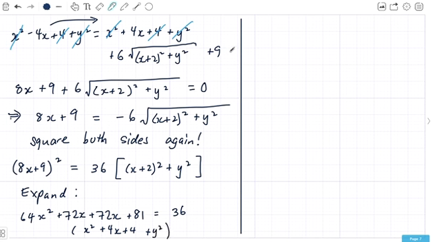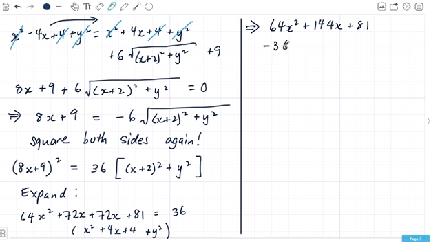So I'm going to put everything now over to the left side. We're actually nearly there. It may not seem like it, because we've been doing this for a long time now. 72 and 72 is 144, plus 81.